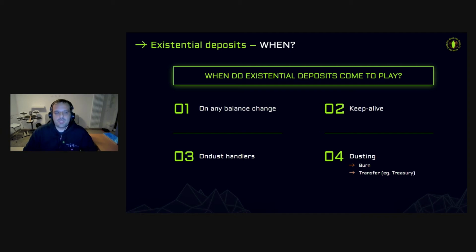If the remaining balance is 0 after the transfer, then the account is killed, and we get the killed event. And as I mentioned at the very beginning, we also have a keep alive flag to prevent losing the remaining balance due to the existential deposit, so we can control whether we want to allow the account to exist or not.